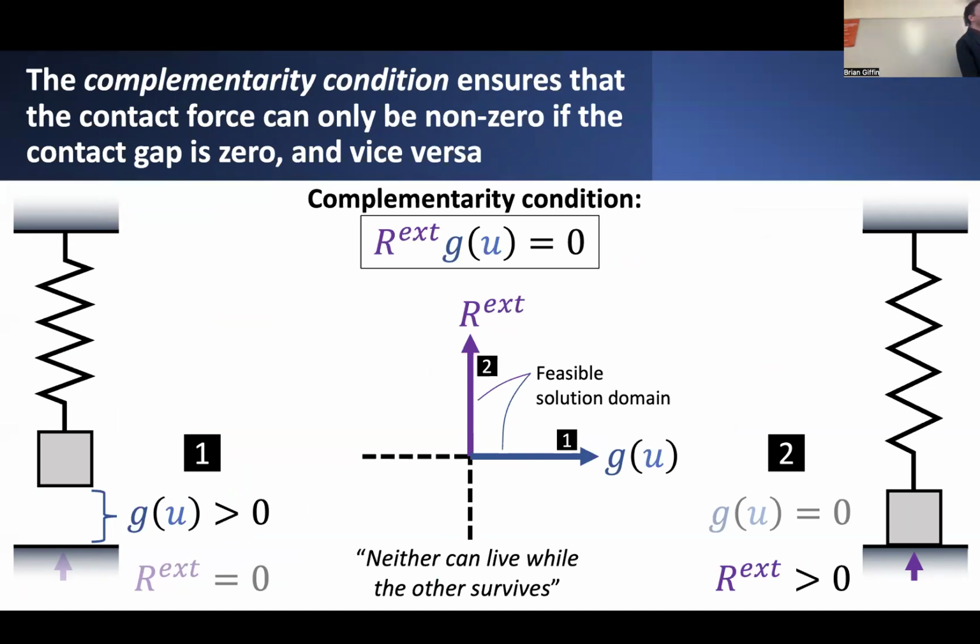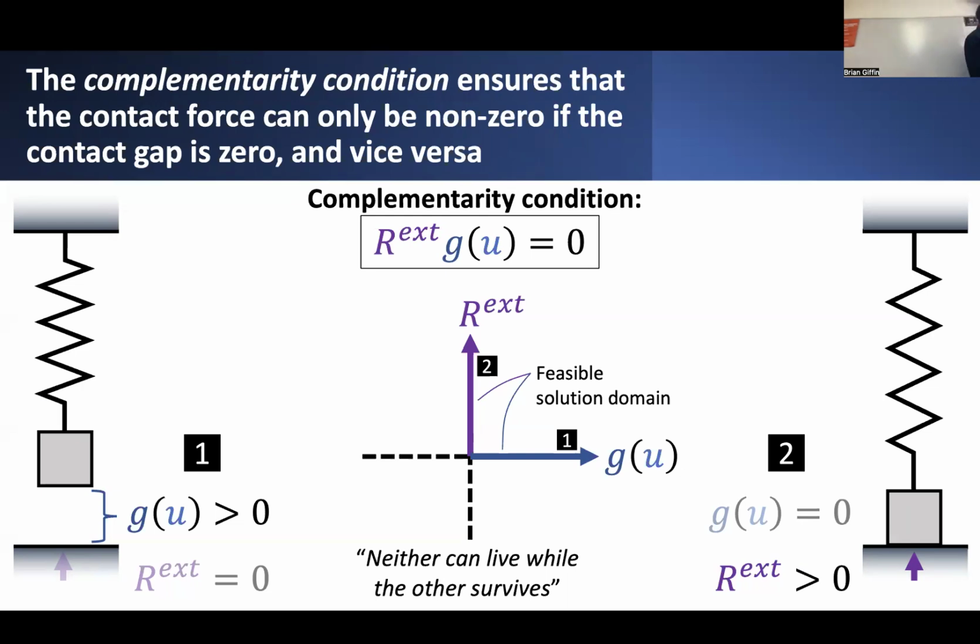Either we can have the first case, an open gap, but with 0 reaction force. The contact force has to be equal to 0 in that case, or a closed gap with some non-zero reaction force. The case where contact is active, I guess you could say. So the complementarity condition effectively means that these two conditions are mutually exclusive.